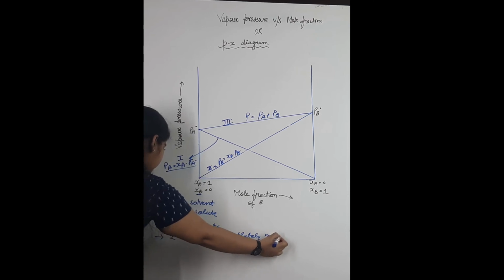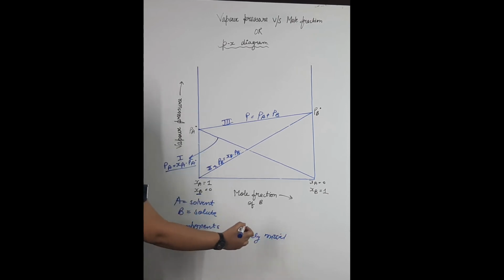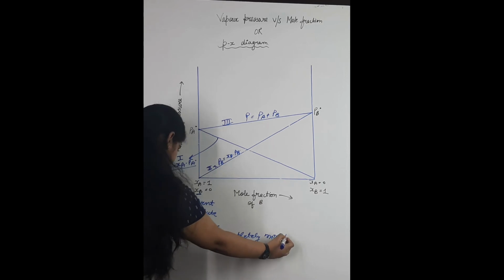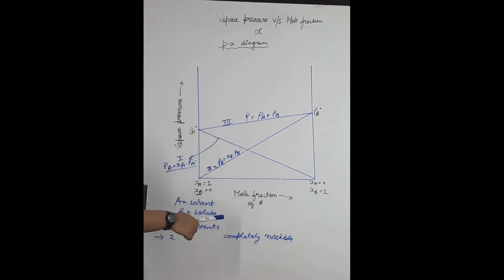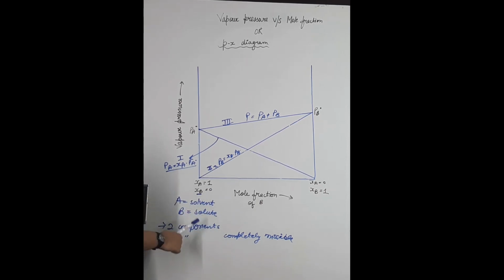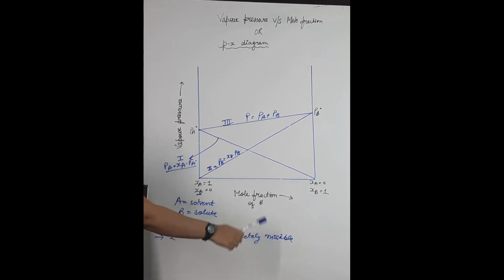You can write down the heading important points, and this is your first point, that Raoult's law is applicable only if the two components form a solution and are completely miscible. Also, in the PX diagram, both the components are volatile.